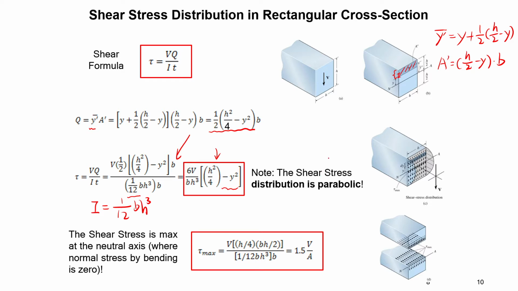And when y, you can try some values here. When y equal to 0, this value reaches the maximum. y equal to 0 means the neutral axis, it happens here, reaching the maximum value. And when y equals half h, you substitute the value here, y squared is h squared over 4. That means tau becomes 0 at the edge.